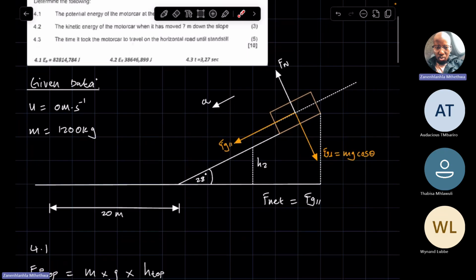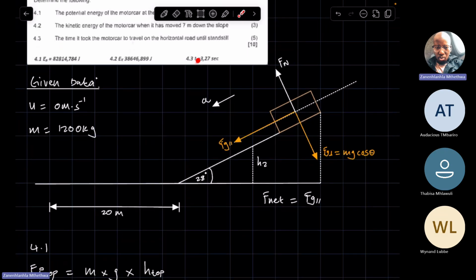Now, we have the distance as per the horizontal road, that's 20 meters. We know the final velocity here is going to be equal to 0 meters per second.